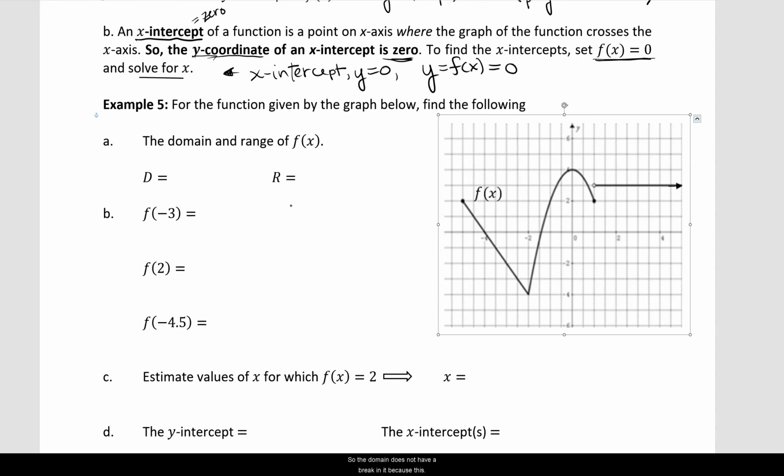So the domain does not have a break in it because this closed dot fills the open dot, and it continues on into infinity. All right, so from left to right, the x value starts at... our scale is a half scale, meaning each of these grid marks is equal to 1/2 of a unit.